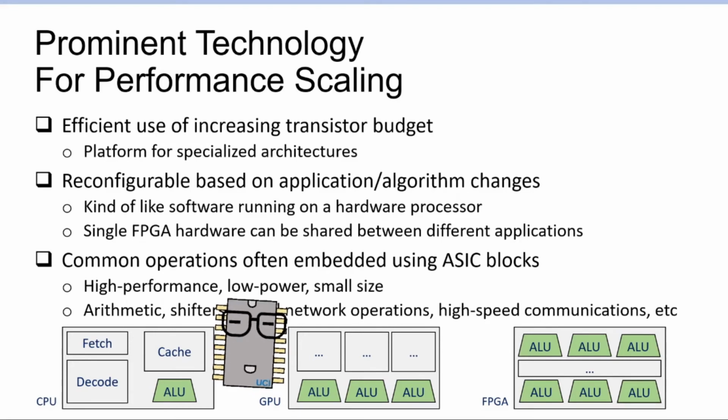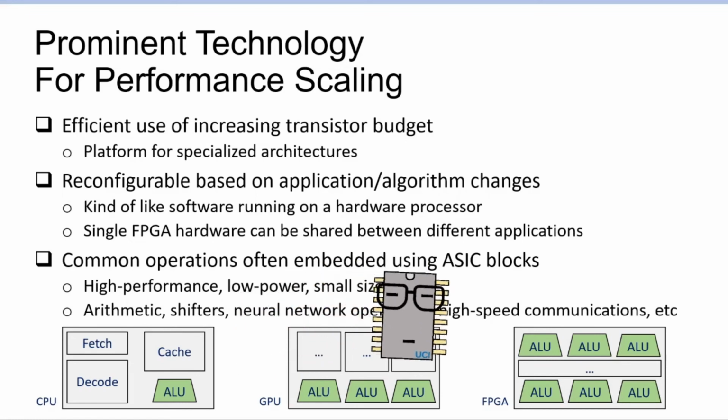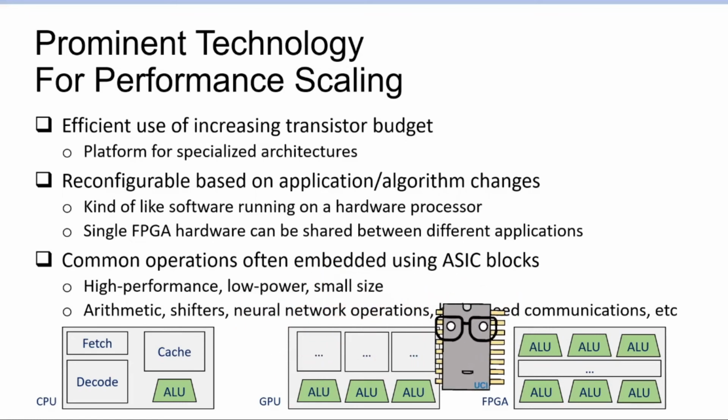So given a similar transistor budget, modern GPUs can afford to have many more ALUs per total silicon budget because the surrounding infrastructure is much smaller. FPGAs take it much further, so that most of the chip can be used for actually implementing ALUs.